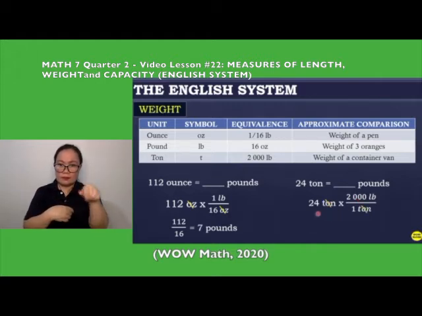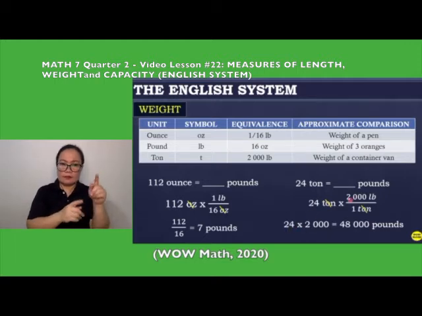So, we now have 24 times 2,000 divided by 1, that is still 24 times 2,000. So, that is 48,000. So, 24 times 2, that is 48,000 pounds. Okay, so therefore, 24 tons is equivalent to 48,000 pounds. So, ganun lang po lagi ang gagawin.